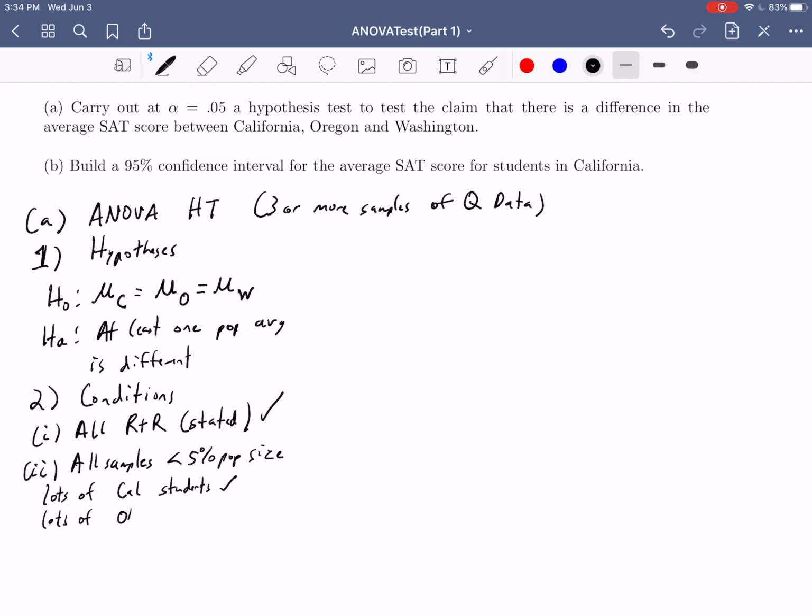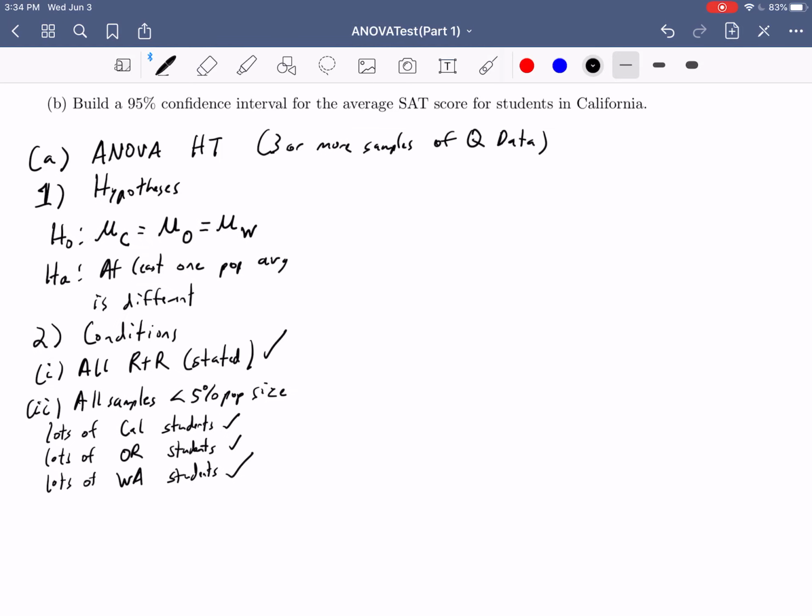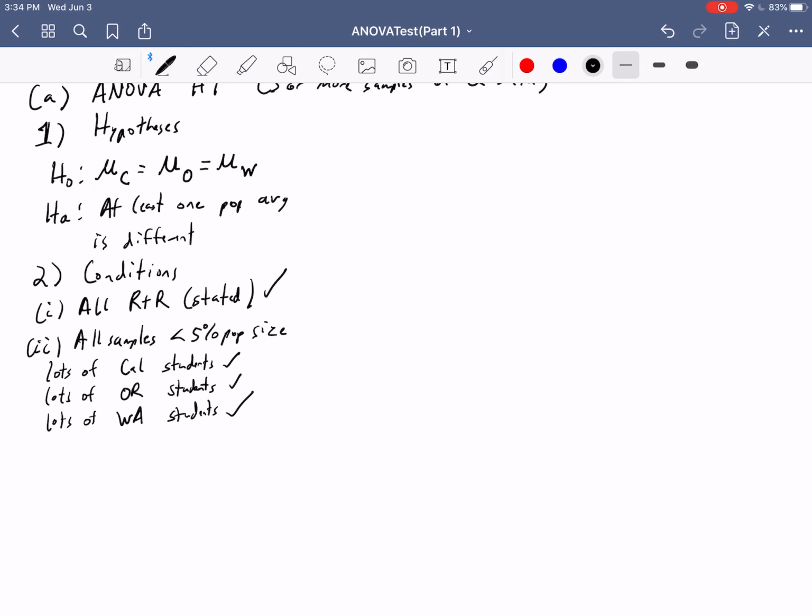Lots of Oregon students or Oregonian students, and lots of Washington or Washingtonian students, I suppose. So we know that our samples are very small in comparison to the amount of California, Oregon, or Washington students. So we know condition 2 is satisfied.